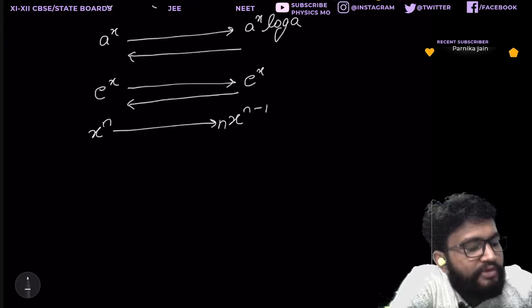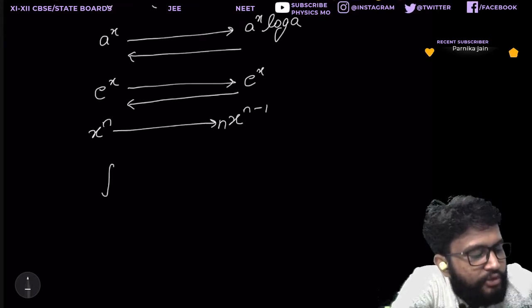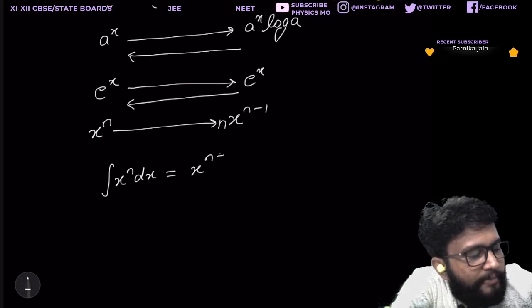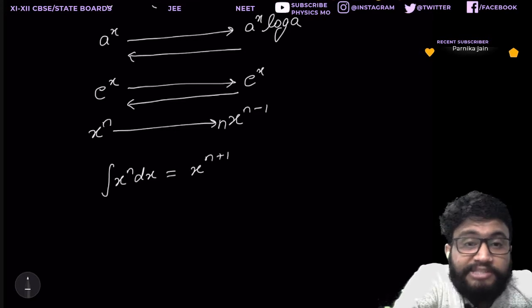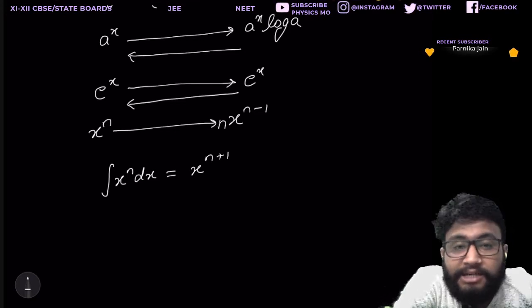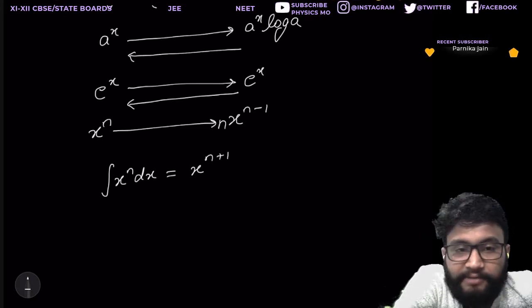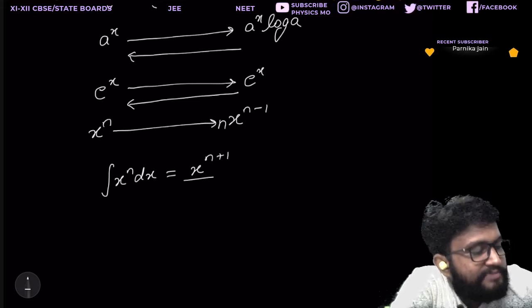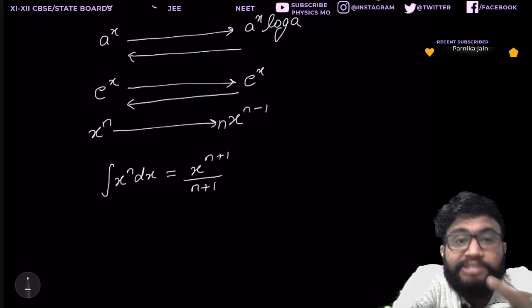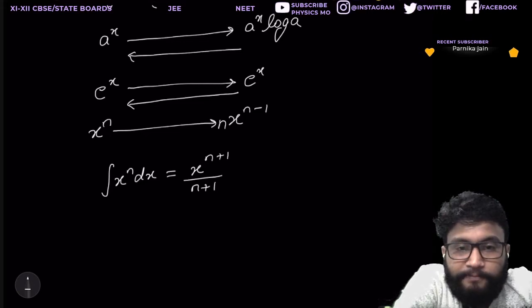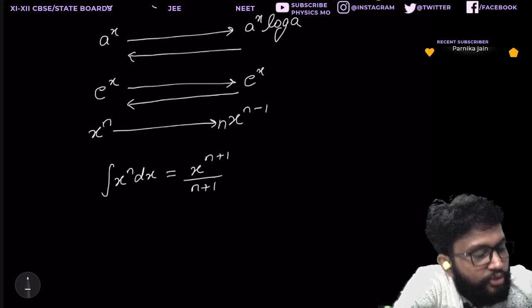So what we will be doing here is, if you do integration of x raised to power n dx, you will add 1 to the power, because in differentiation you subtracted 1, and now you are adding 1, and you will write this power in the denominator, so that what you did in differentiation gets cancelled. Okay, so this is the formula for integration.